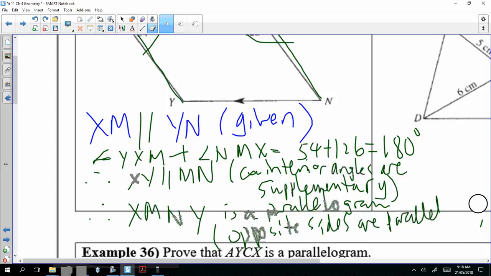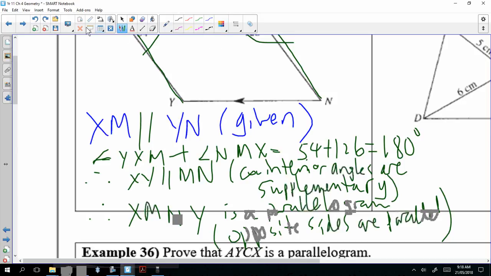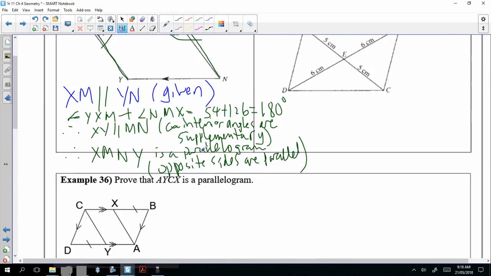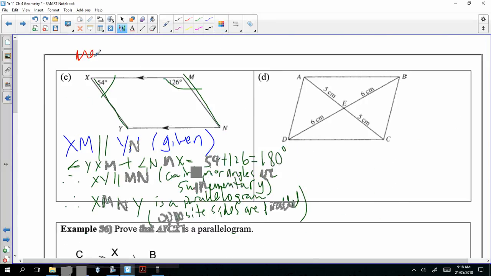And alternatively, you can also prove opposite angles are equal by finding the other two angles. So if I use method 2, you can work out these two angles by co-interior angles as well, and prove opposite angles are equal. So you can prove that's 126 by 180 minus 54, because these two sides are parallel. You can prove this is 54.